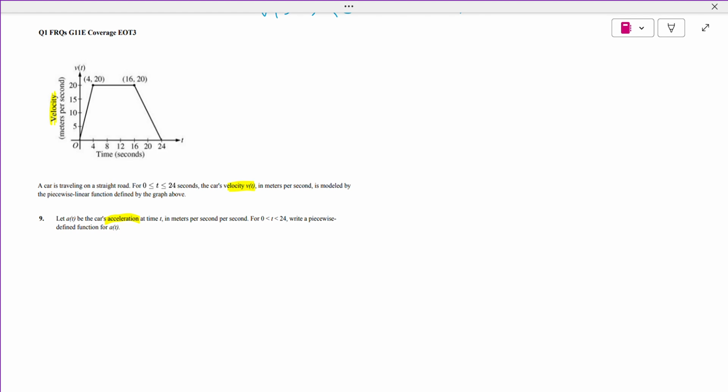Now, we know that the acceleration A of t is v prime of t. That means it is the derivative, the slope of the tangent line. Well, what is the slope of this line here? dv over dt. Well, you have to find the slope between these 2 points, right?